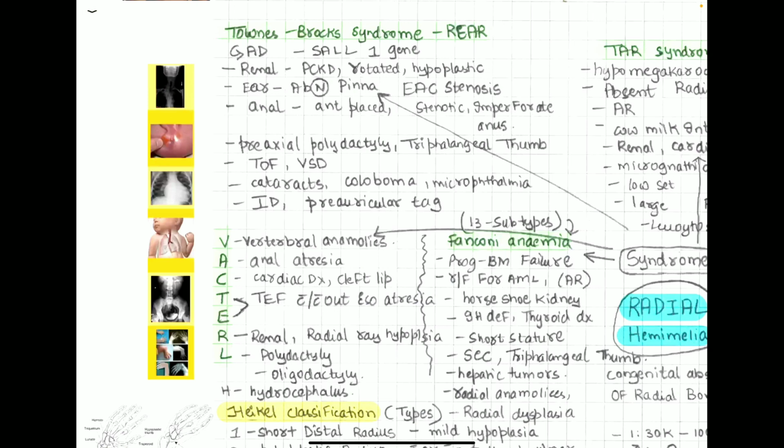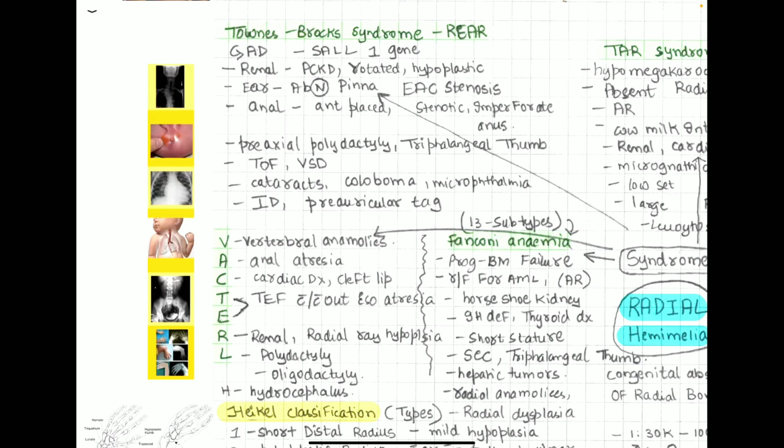Regarding VACTERL malformations, vertebral anomalies include hemivertebrae, congenital scoliosis, caudal regression, and spina bifida. Anorectal anomalies include anal atresia and imperforate anus. There can be associated cardiac anomalies and cleft lip, which can be bilateral.